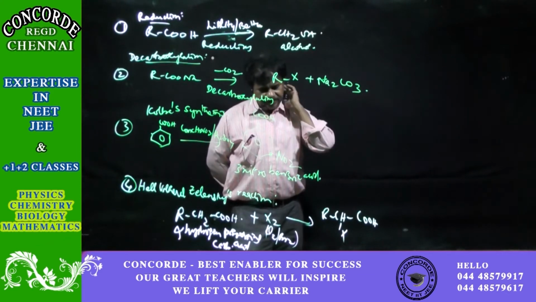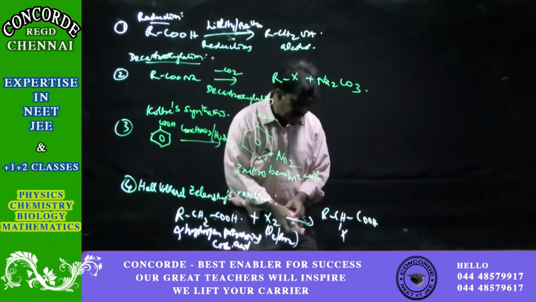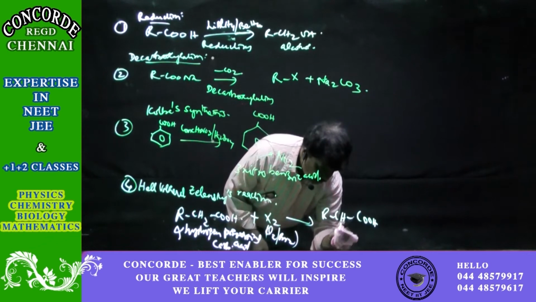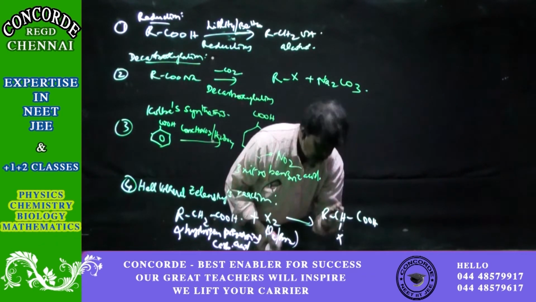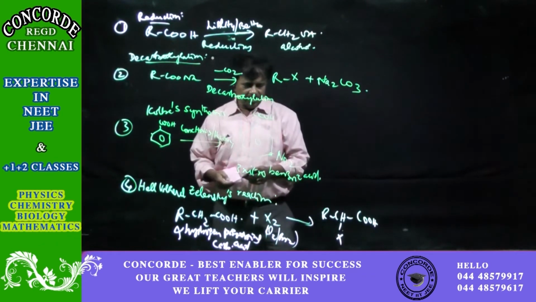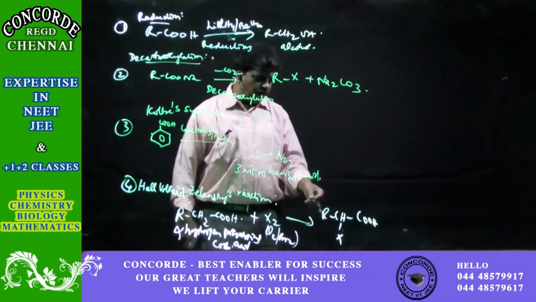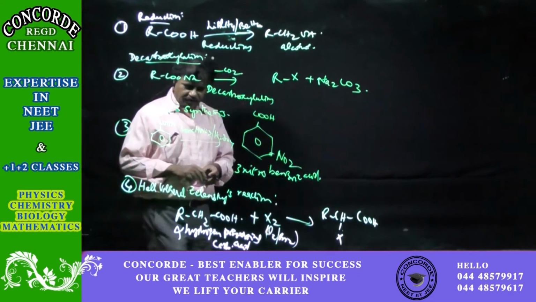This is the Hell-Volhard-Zelinsky reaction. Here the halogen is substituted on the carbon which has the alpha hydrogen. The alpha hydrogen is removed and one X is added.